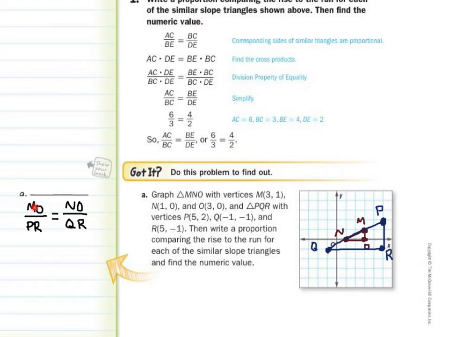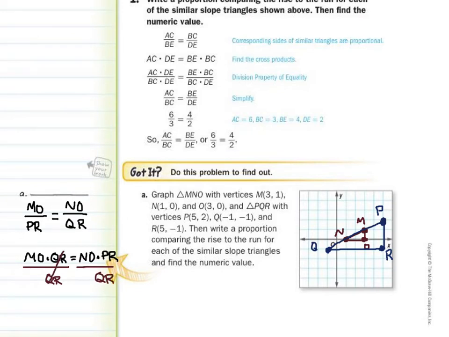Now if I find the cross products here, I have MO times QR is going to equal NO times PR. And that's just cross multiplying with proportions. Now, the goal here is to get the sides in the same triangles together. So if I divide the left side by QR, that cancels out and I can move the QR over here.